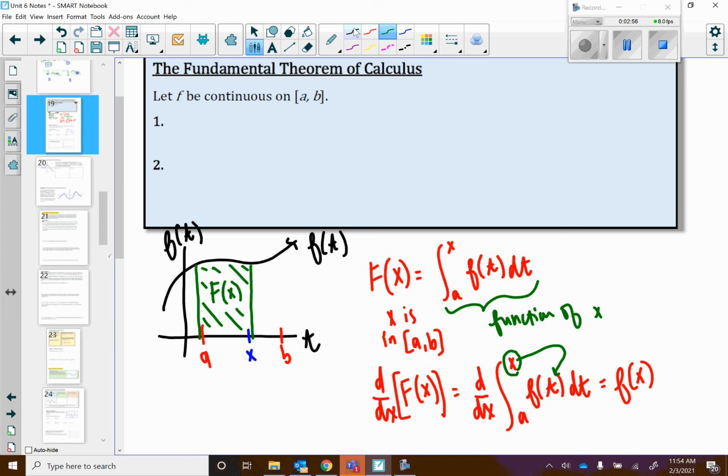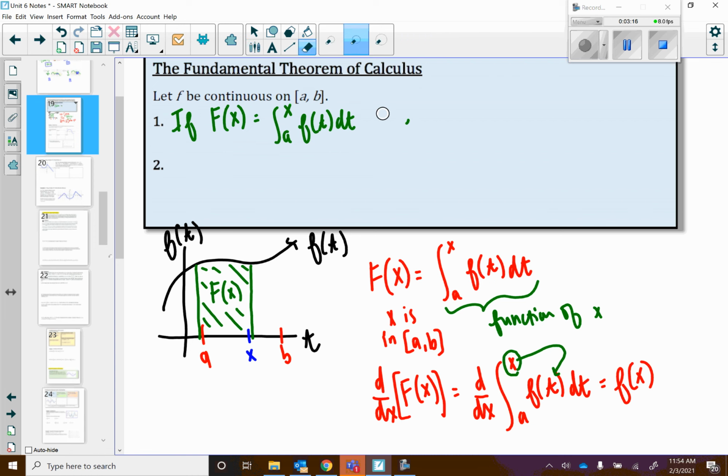So let's add this into the first part of our fundamental theorem of calculus. The first part says, if some function capital F of x is equal to the integral from a to x of f of t dt, then the derivative f prime of x is equal to lowercase f of x.